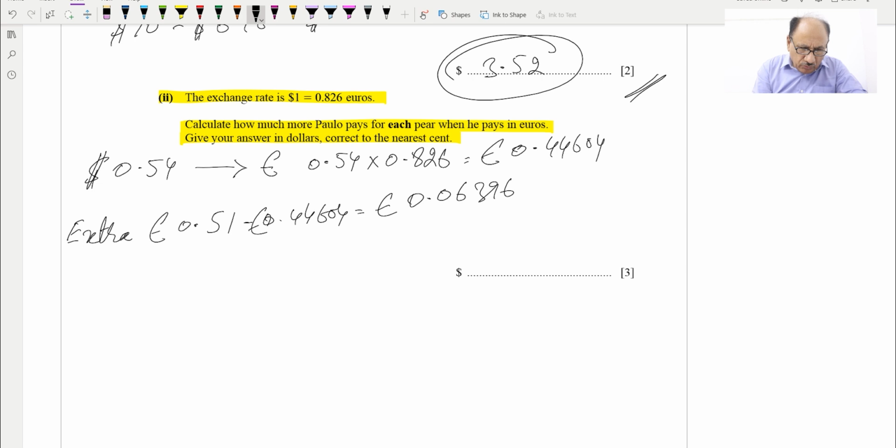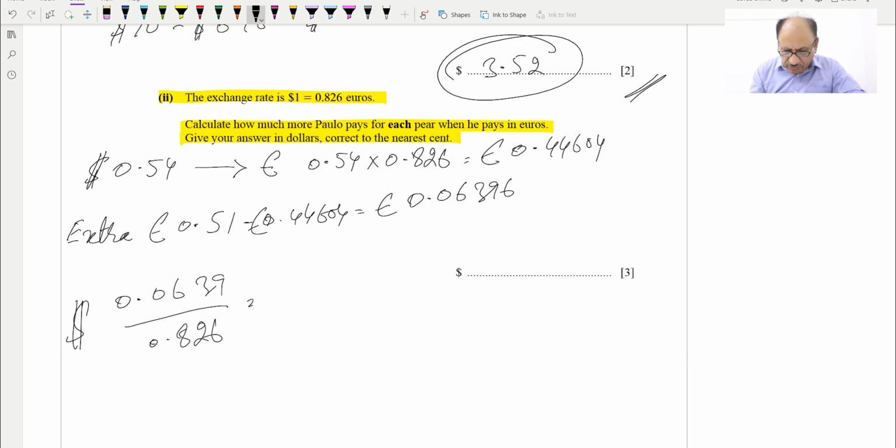Now these euros we can convert into dollars. So 0.06396 will be divided by the conversion ratio 0.826. This will be the amount in dollars, and we can write here in dollars.